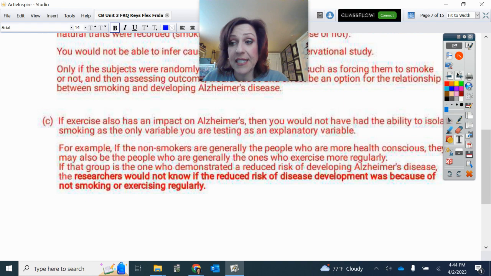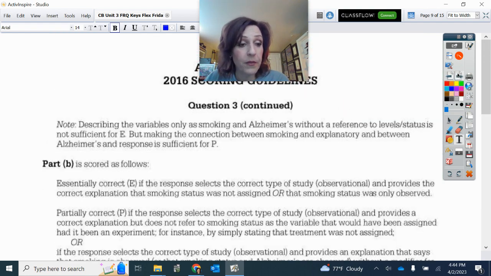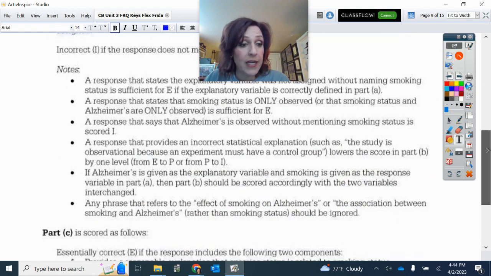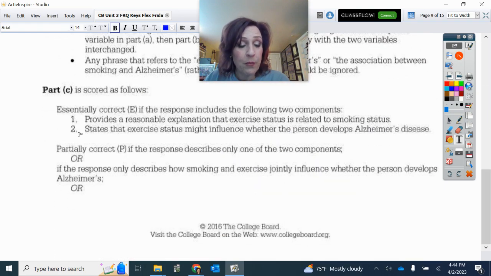But let's go ahead and look and see grading wise what you needed to have. So here we go. For credit here, provides a reasonable explanation that exercise is related to smoking. Okay. Wait, is related to smoking status? I don't think I did that. I put that exercise could have an impact. Okay.